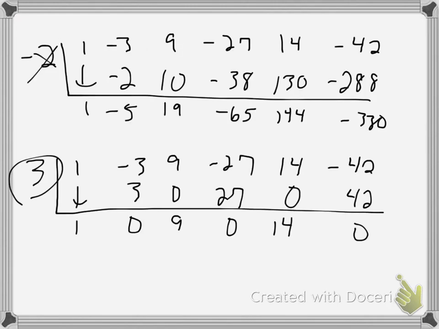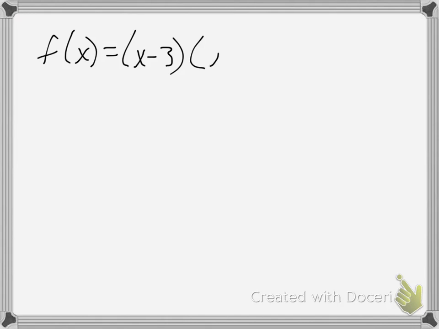So I can now factor out a positive 3 by representing it with x minus 3. Then I use my coefficients from my synthetic division on this page for my new polynomial in that second set of parentheses. So I get x to the 4th. I don't have that x cubed term, so the next one's plus 9x squared. I don't have the x term either, so it's plus 14.